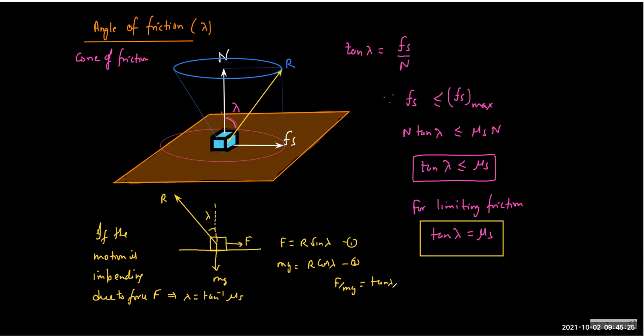And you can see that tan lambda is mu s. So this is exactly equal to mu s mg. I mean, that's a direct answer. I'm doing it in a lengthy way. So we would know that to move the block, you must apply a force equal to mu s mg if it is a horizontal force. So now the question comes, what if the force is not horizontal?